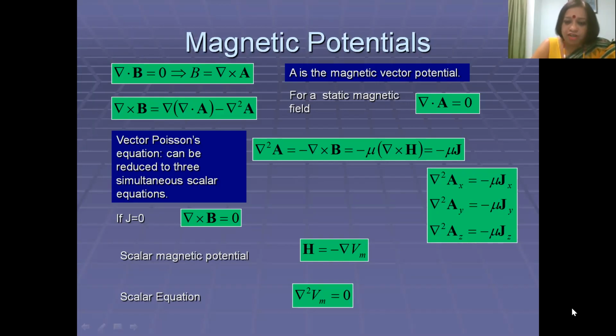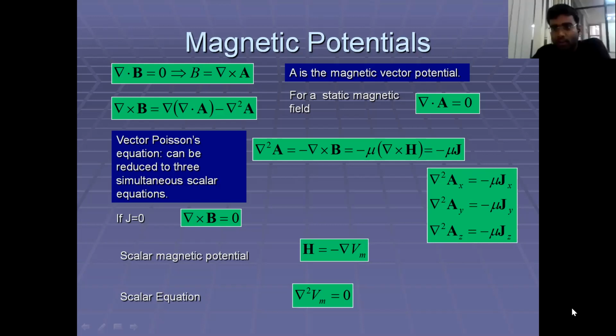What will be the direction of the consequent magnetic vector potential A? If you have a field only in the YZ plane, what is the direction of the magnetic vector potential A due to it? It will be in the x direction.